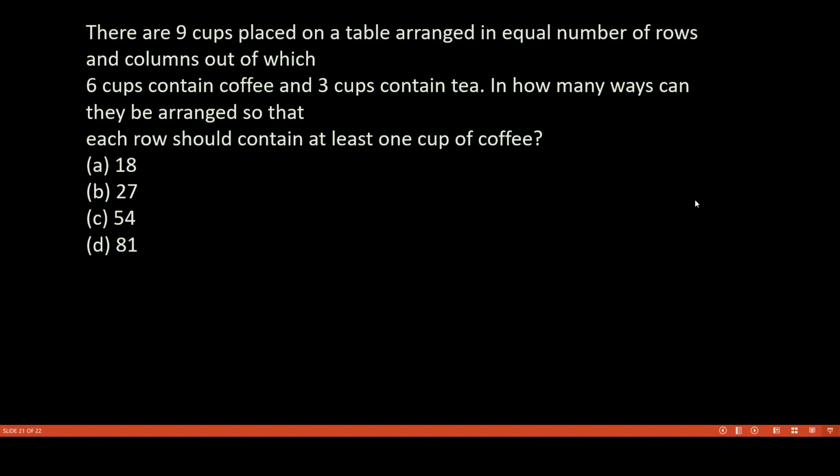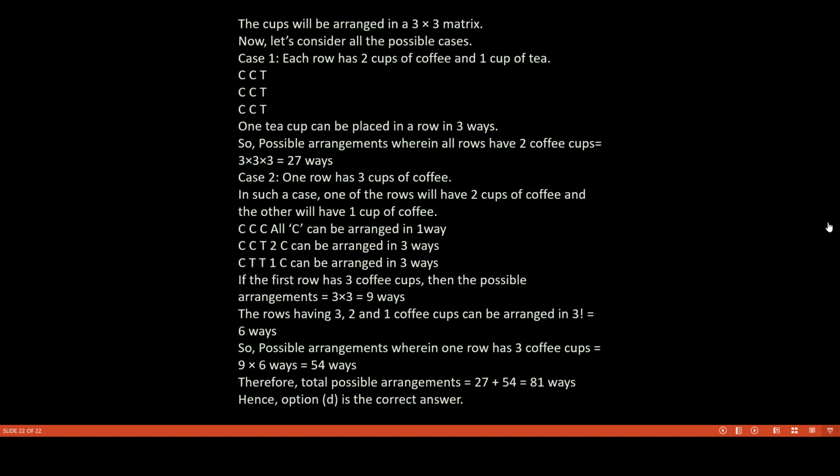Okay, let's see the solution here. So what will be our solution? Let's take this case first. Now each row has 2 cups of coffee and 1 cup of tea. So this can be done in how many ways? 3 ways. All right. If in each row we are fixing 2 cups of coffee and 1 cup of tea, the arrangement can be CCT, CTC, TCC.